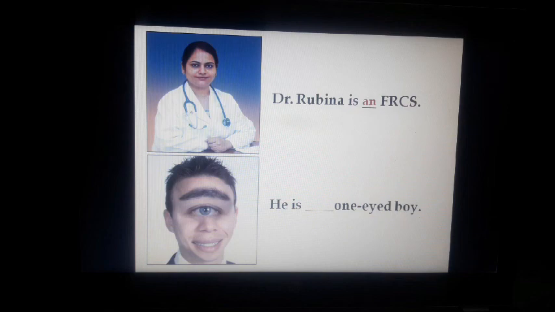He is, yes, a one-eyed boy. Now let's see the other. What will we use here, a or an? Guess it. Yes, we will use a.